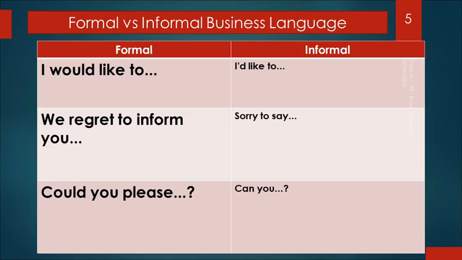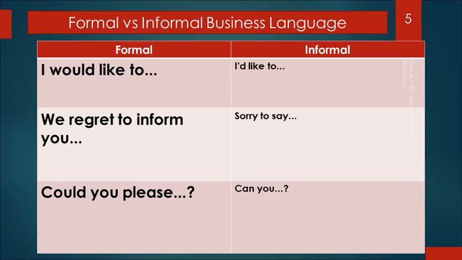Now, when we come to formal and informal business language, I'll just give you a few examples. We'll get to talk about more examples in the course of the course. Formal: I would like to say this. I would like you to do this.